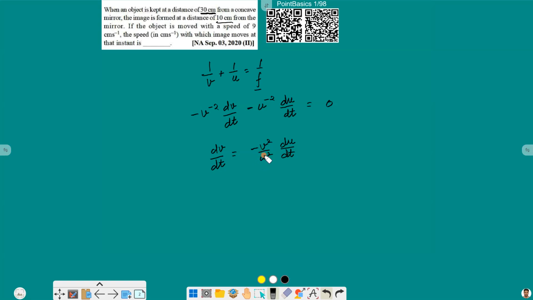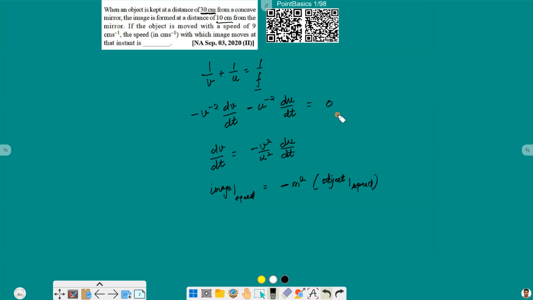Now we know that negative v by u for a mirror is the magnification. So we can say here that image speed will be equal to negative of m square into object speed, where m is the magnification. So let us find out the magnification, and as here we have the magnitude of magnification, it does not matter whether it is negative or positive, we will take the modulus.